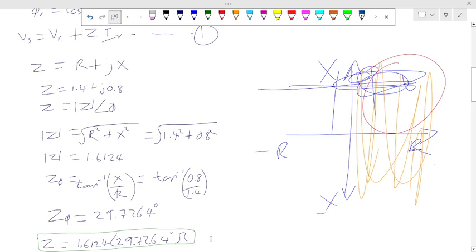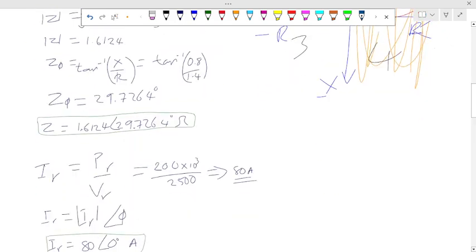And from that idea of four quadrants, this is the first quadrant, this is the second quadrant, third quadrant, and the fourth quadrant. For the first quadrant, theta remains theta. So thank God that in the first quadrant we'll just leave it like that.